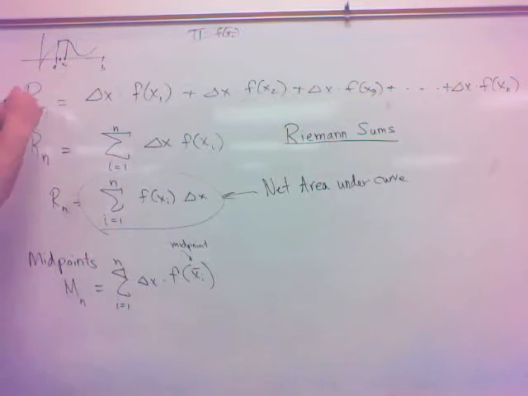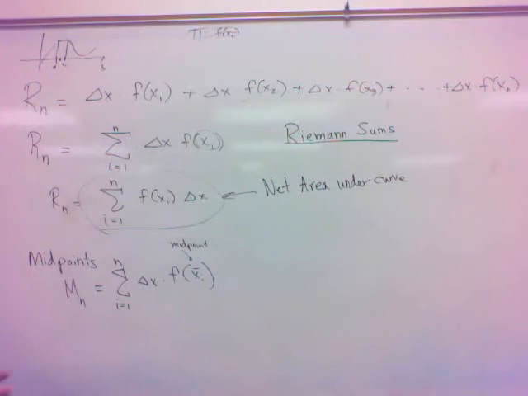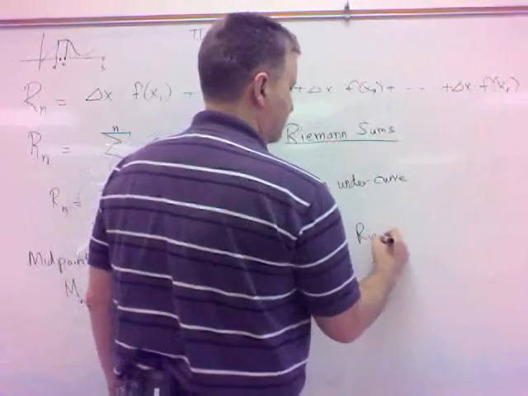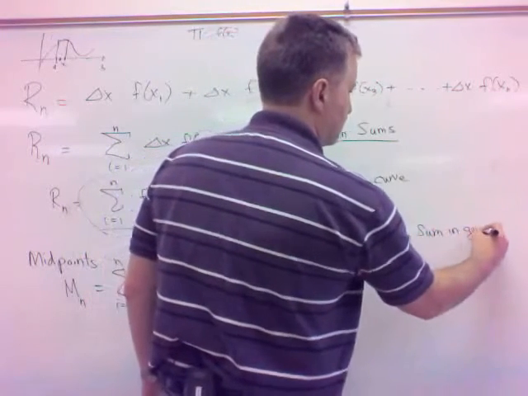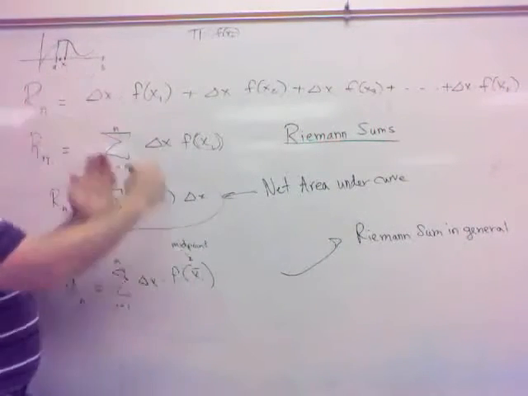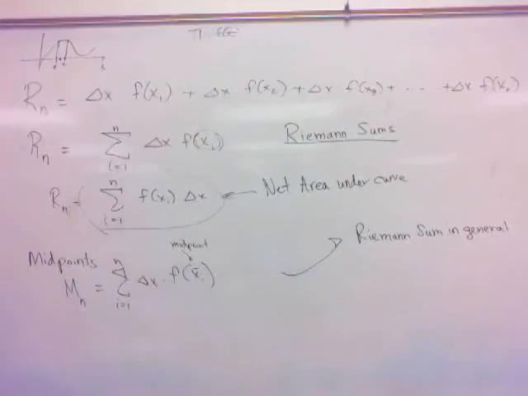So if I change it from right to midpoint, and then if I change it to left endpoints, what's going to change is this. So sometimes the way they do it in general is they write it this way, this Riemann sum in general. Because this value could be x sub 1, it could be the midpoint in the first interval, it could be the left endpoint, which would be a whole other thing.